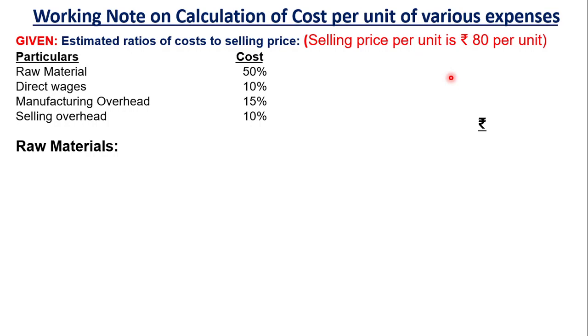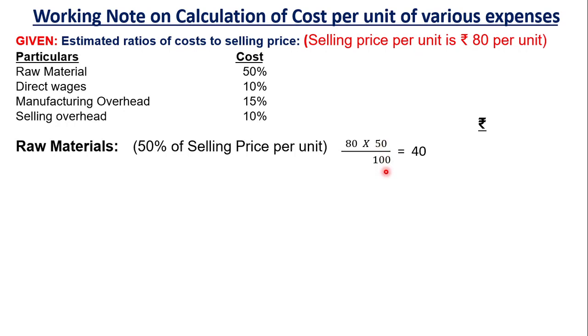First is raw materials: 50% of selling price per unit, that is 80 into 50 divided by 100, which equals 40. So 40 rupees per unit for raw materials. For the production of 1 unit, 40 rupees worth of material is required. Similar calculations are to be made for direct wages, manufacturing overhead and selling overhead.